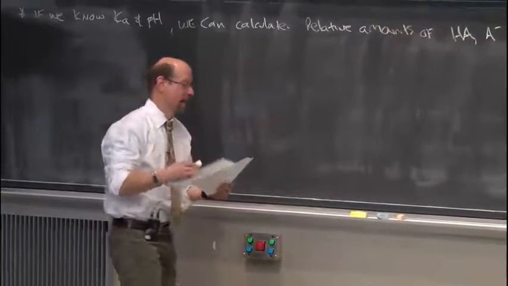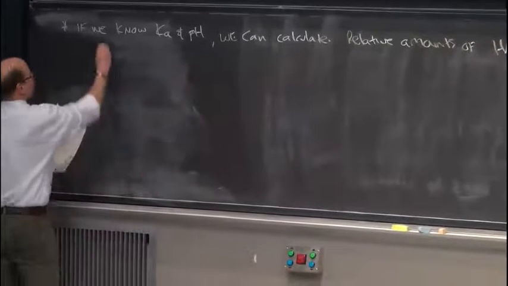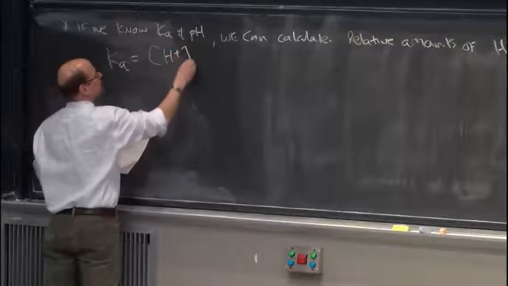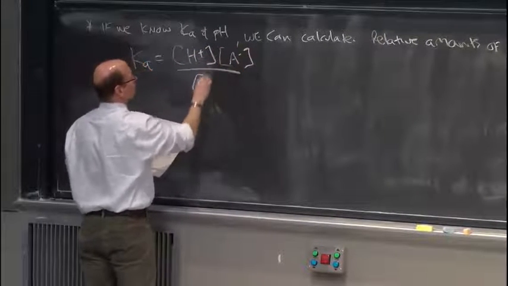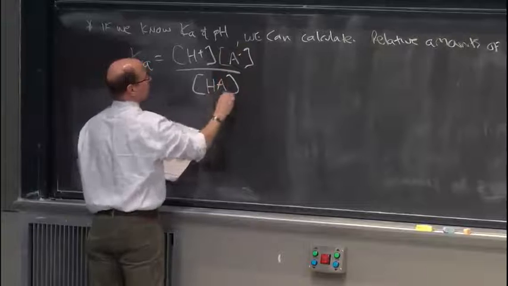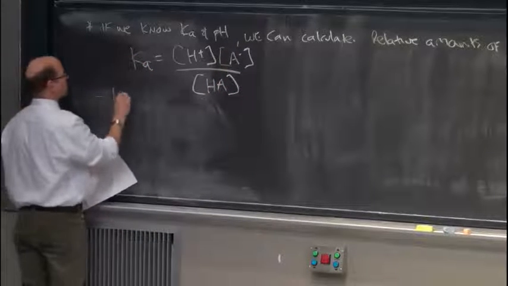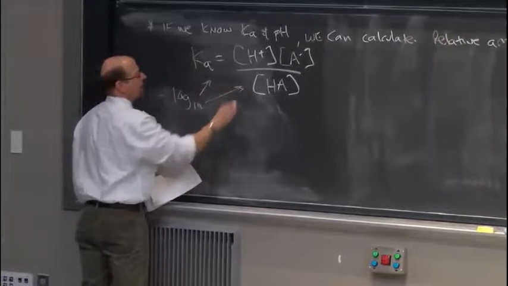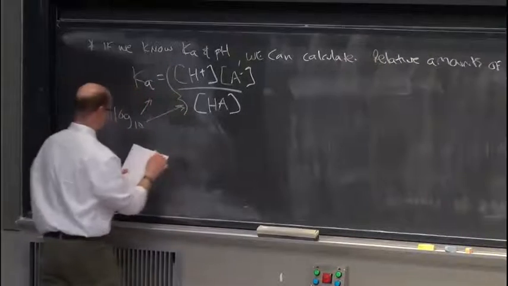Okay? Now, we agreed that Ka, being a dissociation constant, reflects H plus times A minus over HA. This is just a statement of chemical equilibria. And I can take the minus logarithm to the base 10 of this side and of this side, and look at what I get.